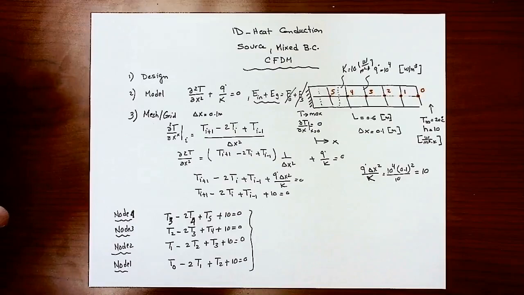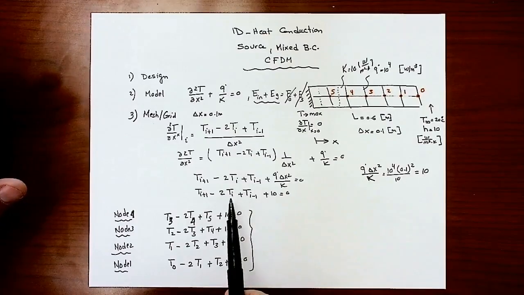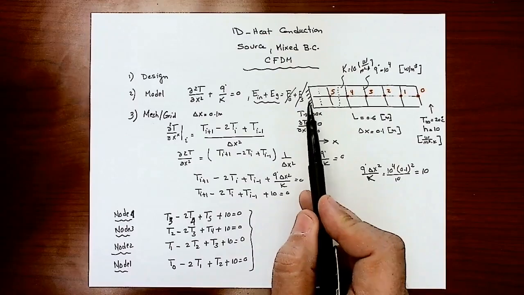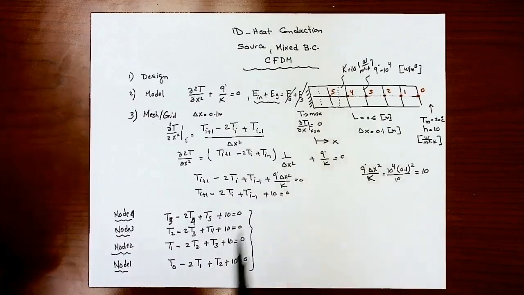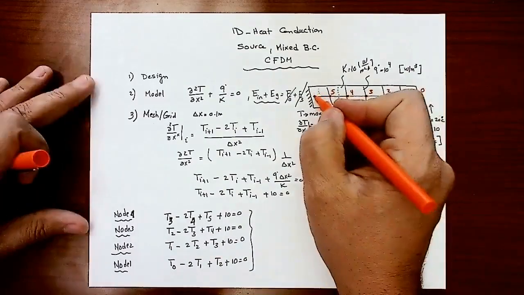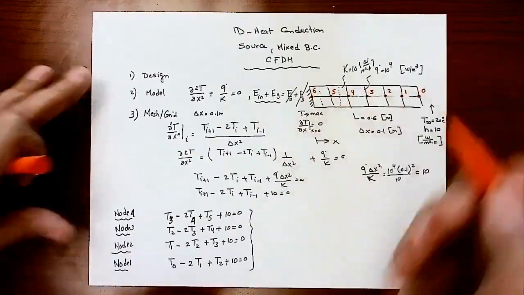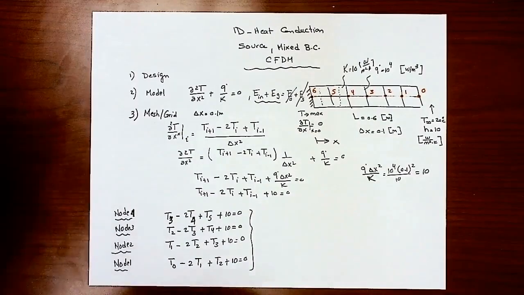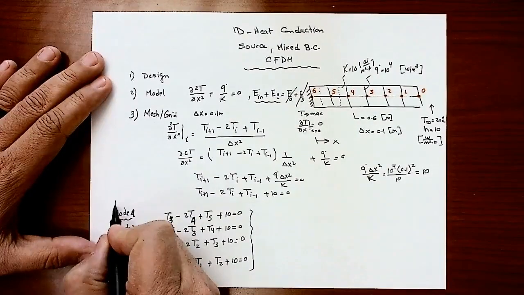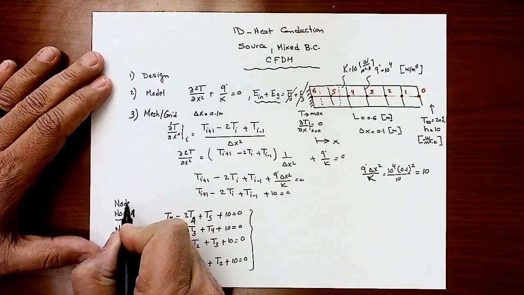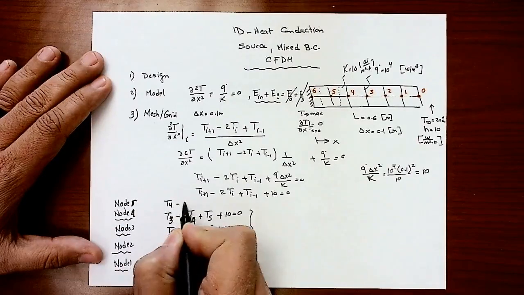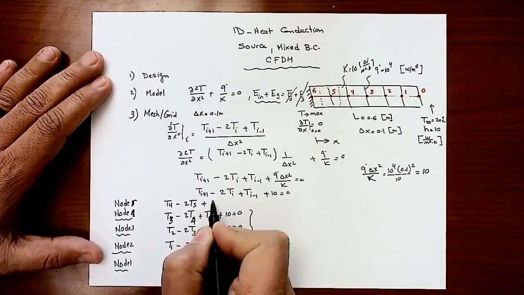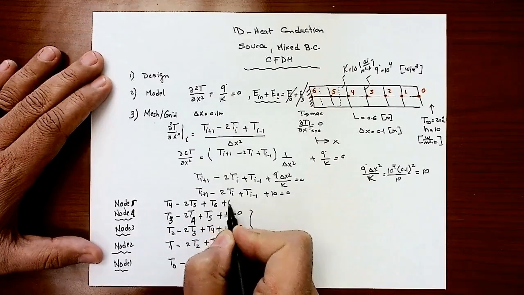So for node 5, if I apply this equation, I'm going to need a node to the right and a node to the left. We know that at the insulated surface, the temperature will be max, which means that we should have a new node added at the interface here, and we're going to call that T6. If that's the case, I can add node 5 into that system of equations by saying that it's going to be T4 minus 2 T5 plus T6 plus 10 equals 0.